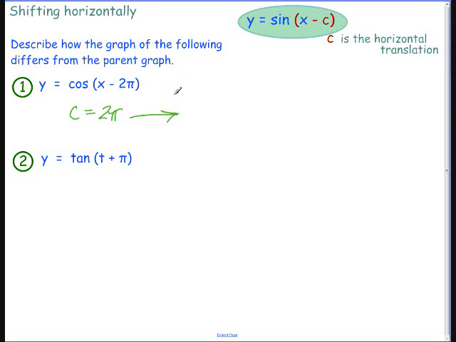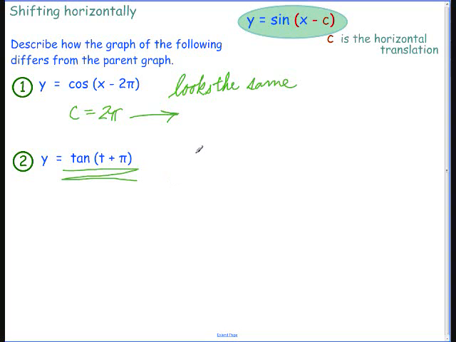So what happens with this? It looks the same, doesn't it? And the reason for that is it shifted a full cycle. So without having to do anything more but think about what a full cycle is, what do you think about this one? What's a full cycle for tangent?